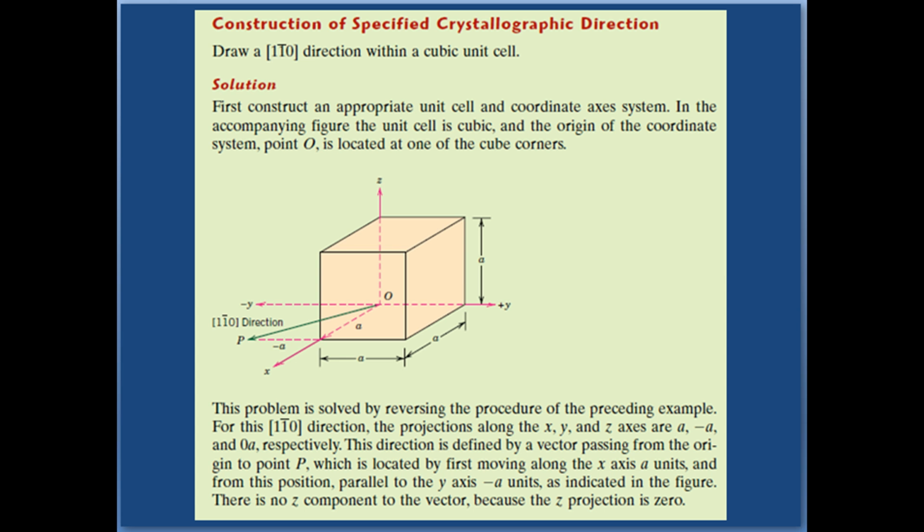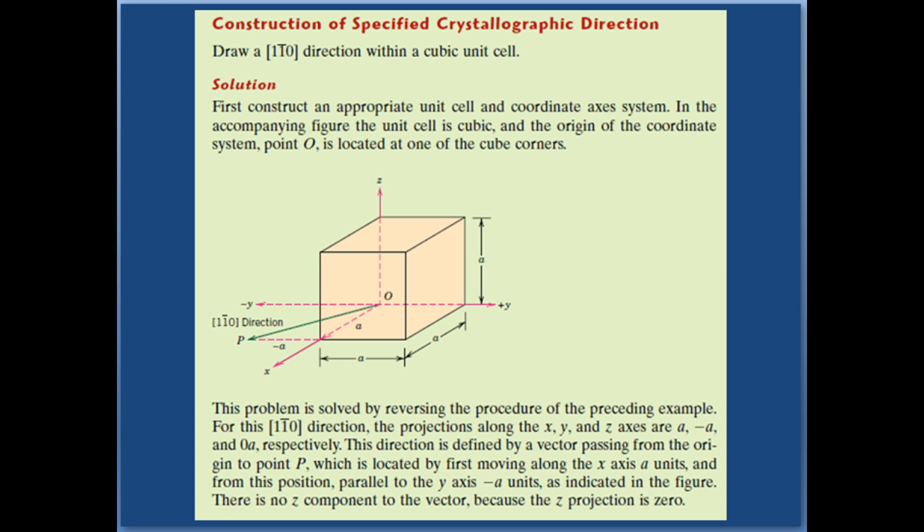Then we are going to solve this problem by reversing the procedure of the preceding example, the procedure that we have seen to determine the directional indices. Exactly the reverse procedure is utilized to find the crystallographic direction. For this, we have been given the direction [1 1bar 0].